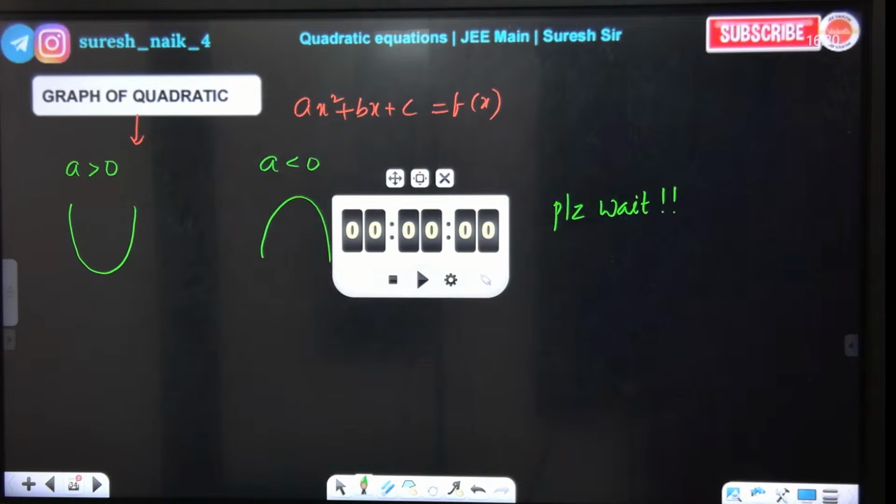There are a lot of technical features which I want to tell you.